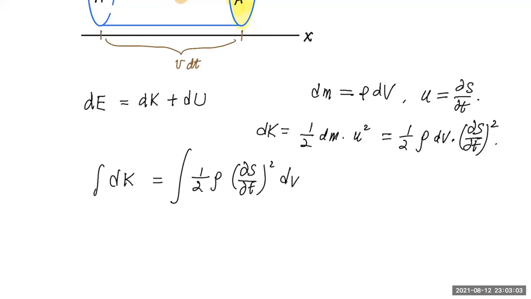What I can also do is take the average value of partial s partial t over this region. Then I don't have to integrate anymore. I can just take 1/2 rho times partial s partial t squared, averaged over the volume, and then times the volume itself. That way I don't have to integrate.